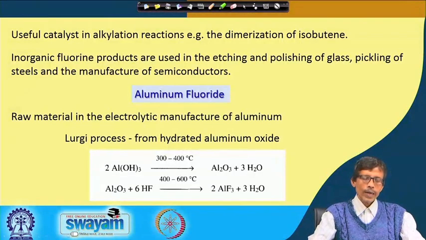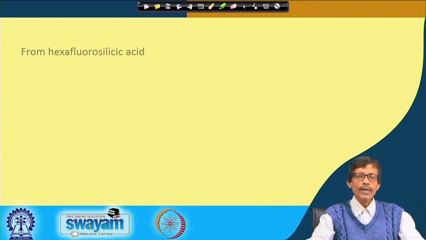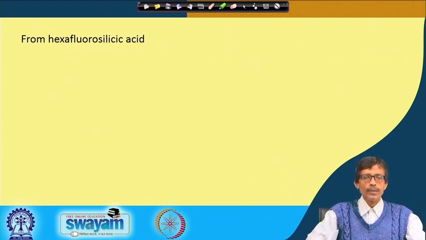So, your Al2O3 will now be attacked by HF at 400 to 600 degrees centigrade, giving you simply AlF3, aluminum trifluoride, and again 3 molecules of water will be removed. So, you get aluminum trifluoride.